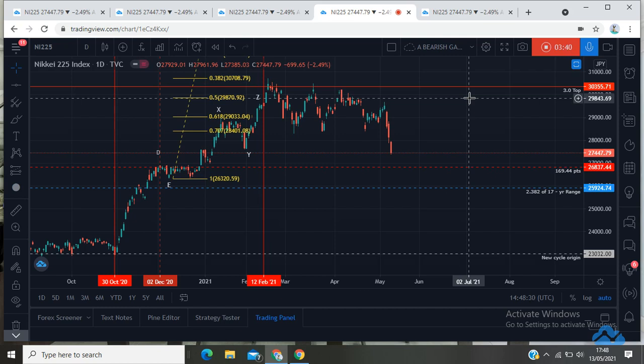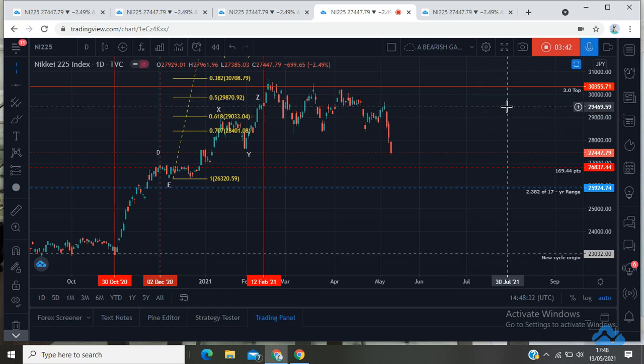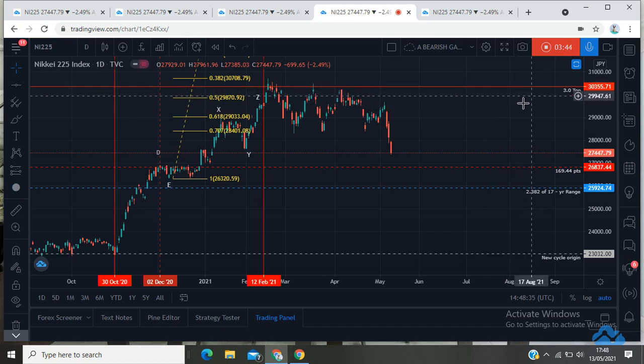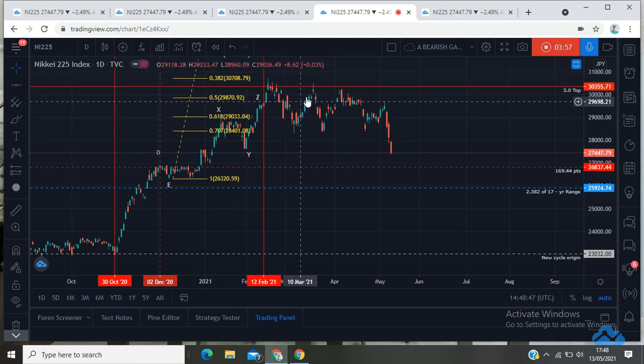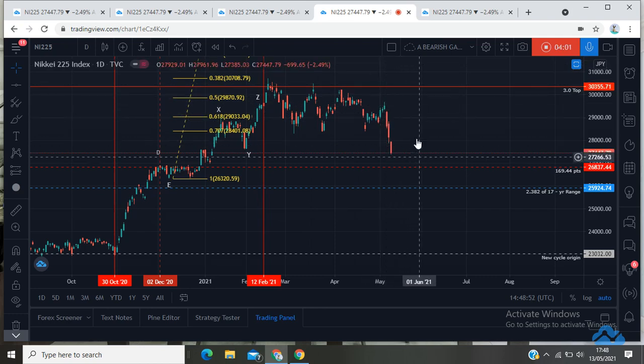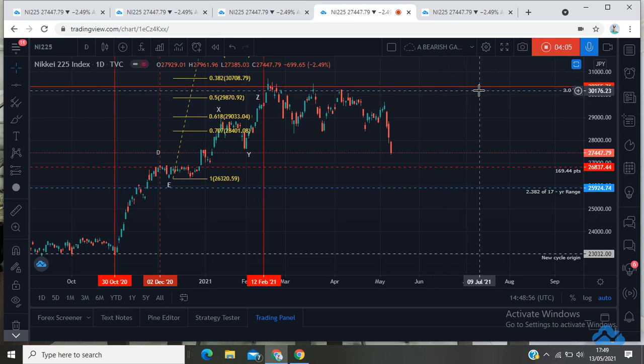And the 3.0 range of that square projects at this level here, 30355.71. And then that level is also closely coinciding with the 0.618 range of the range that we just projected the last time. And so this 3.0 level is a very strong level which we had to be looking for.